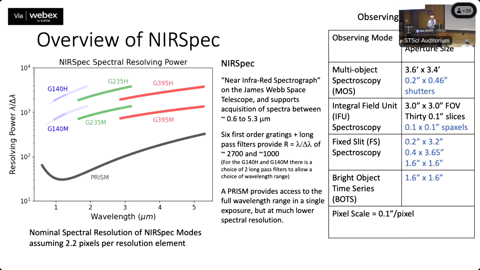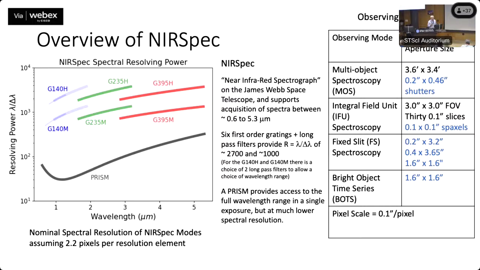The high-resolution band has nominal resolution of around 2700, the medium resolution band of 1000, and then there's the prism, which is much lower resolution, but because you don't have to worry about higher order spectra in the prism, you get to cover the full wavelength range rather than just a factor of 2 or so in wavelength. And on the shortest wavelength band, you actually get a choice of 2 long pass filters if you want to tweak the wavelength range a little bit.